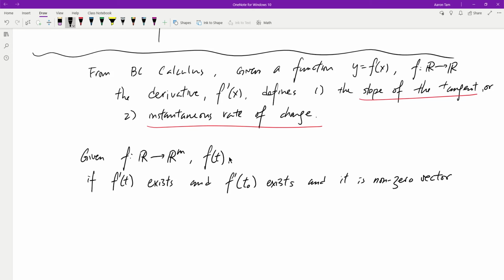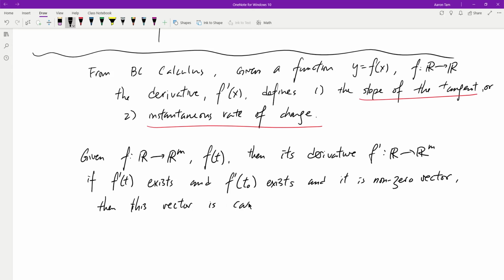So if f maps from R to Rm, and the function is f of t, then its derivative f prime is also a map from R to Rm. So therefore the derivative is also a vector. So if f prime exists, and if I plug in a value t sub 0, and its value exists and gives out a non-zero vector, then this vector is called one of two things. We're going to define the first thing first.